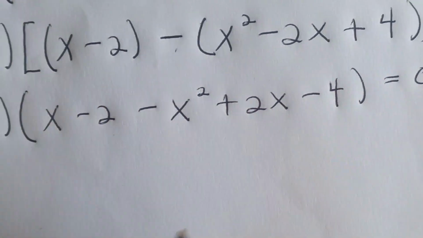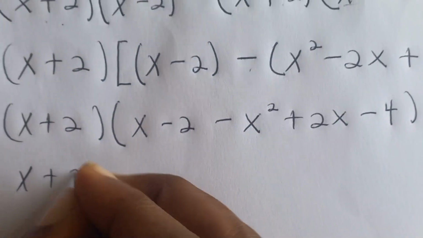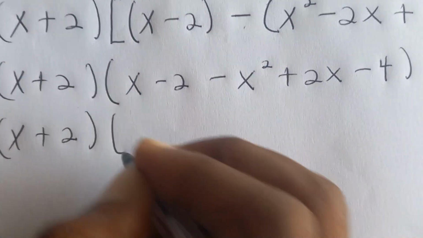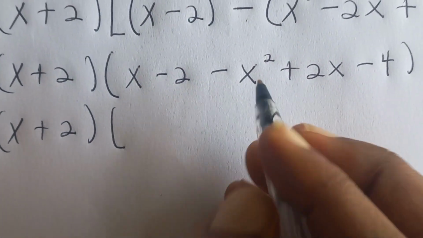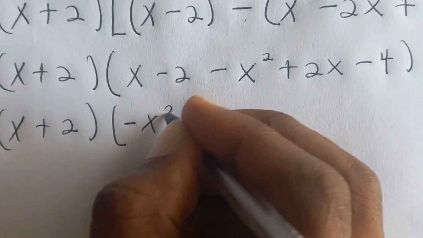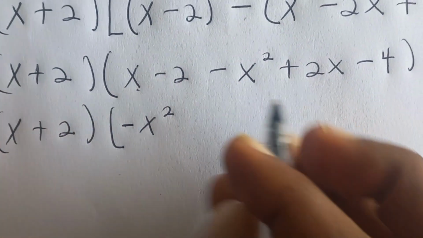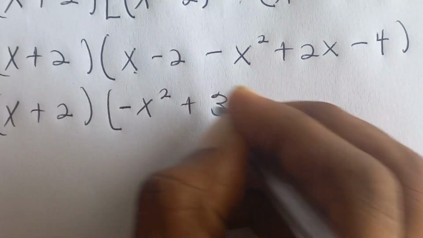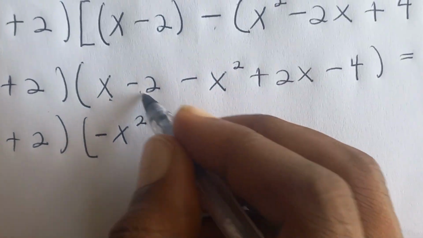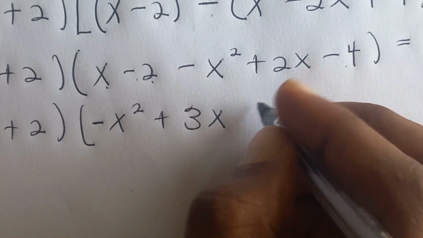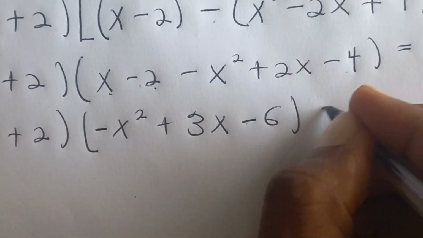Okay, so let's simplify the bracket. So we have x plus 2 in the bracket. With this, you get negative x squared. Then x plus 2x is plus 3x. Negative 2 plus negative 4 is negative 6, and it's equal to 0.